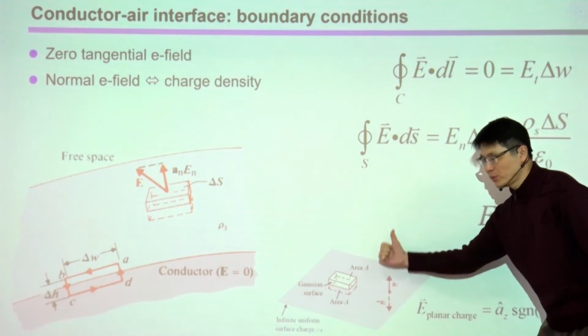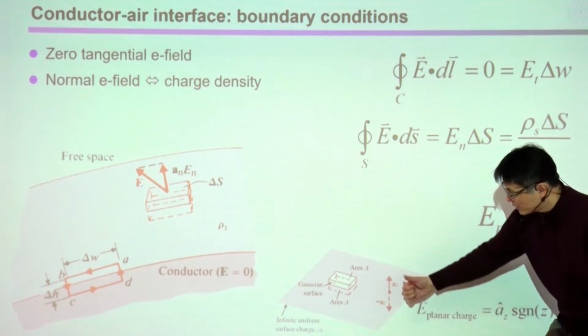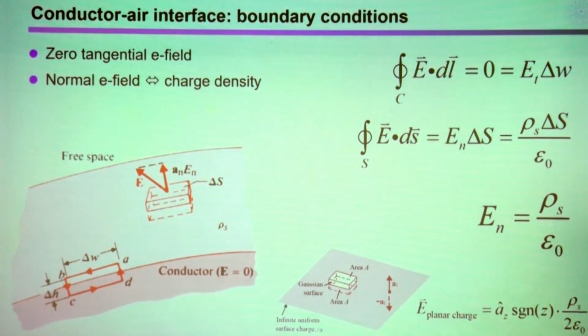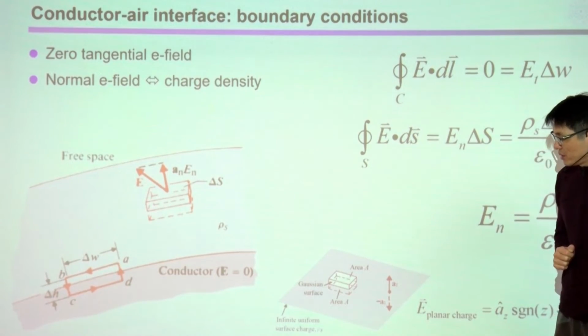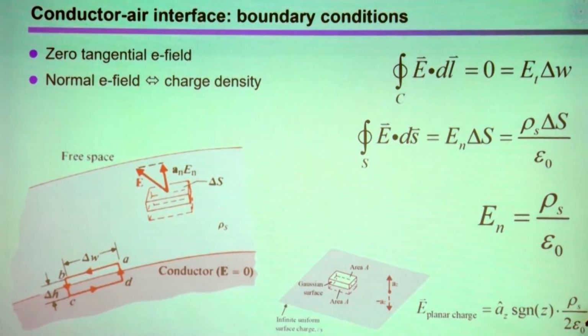Above it, you have fields going up. Below it, you have fields going down. So if you only have a plane of charge distribution, you can have fields up and down, and therefore the magnitude is twice weaker.